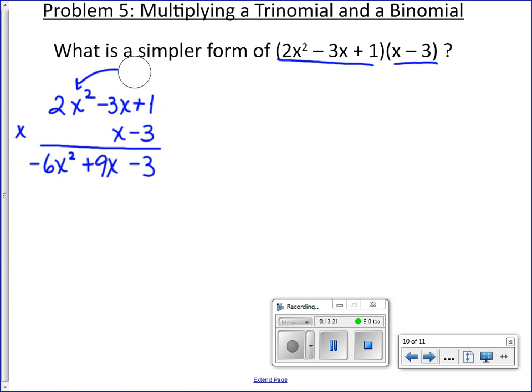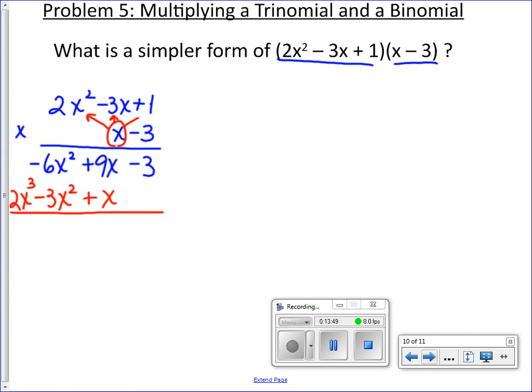Then we go to, like in regular multiplication where you go to the tens digit, the x. And we're going to multiply the x times the 1, which would be 1x. X times the negative 3x, which would be negative 3x squared. And then the x times the 2x squared, which would be 2x cubed.